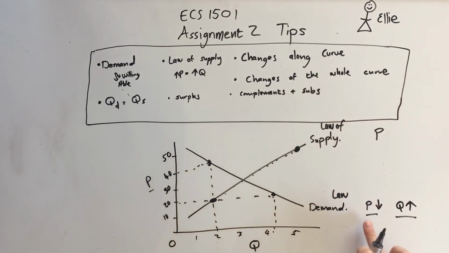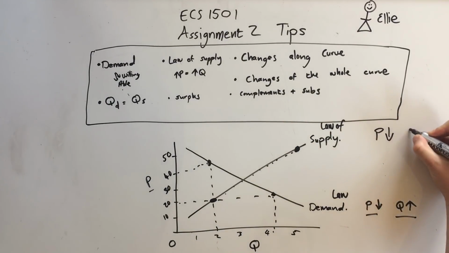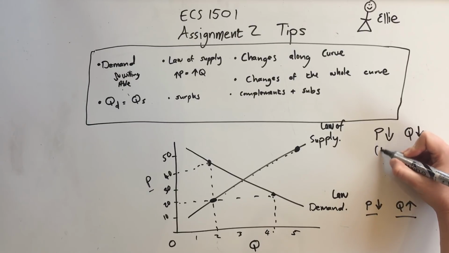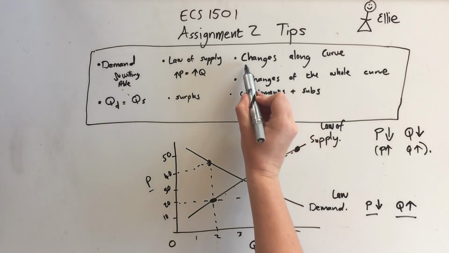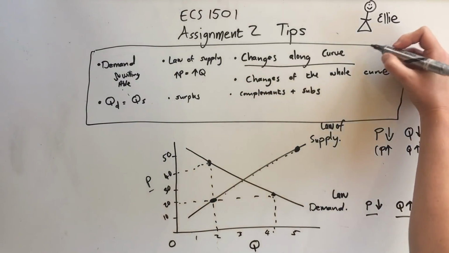If the price goes down, the quantity supplied will also go down, whereas if the price goes up, more suppliers will offer it. This is because of a change in price. A change in price causes a change along the curve.